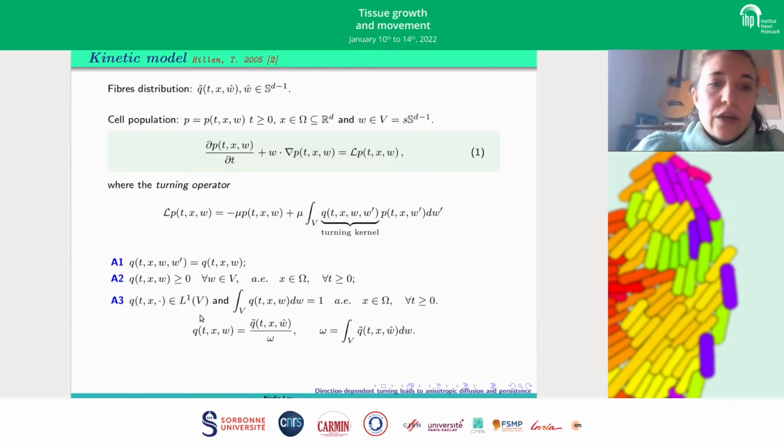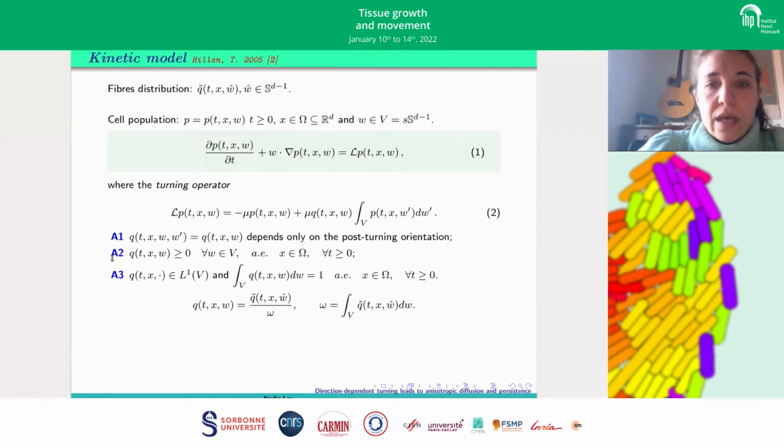So actually, Q is equal, up to some noise constant, to the probability density distribution of the fibers. So thanks to hypothesis A1 here, we have that our turning operator rewrites in this very simple form.